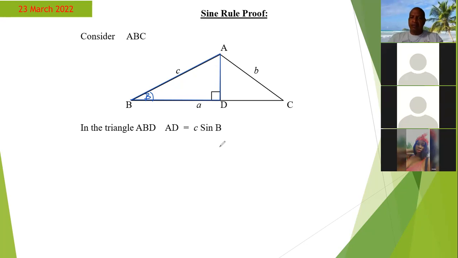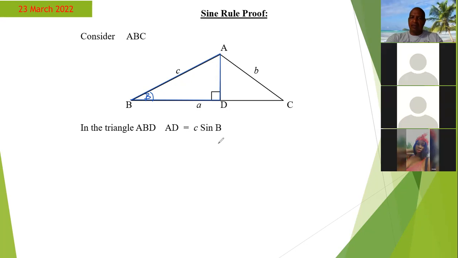It is based on what I've just done when I write out the ratio, because I say the sine of the angle B is equal to the opposite over the hypotenuse.